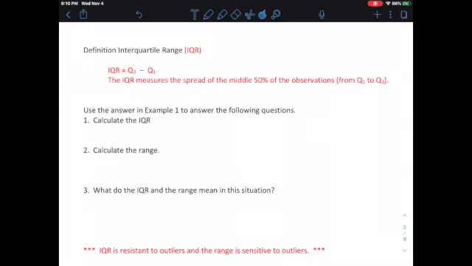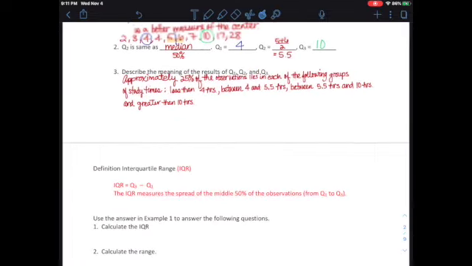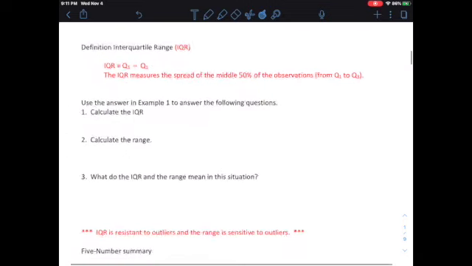And the interquartile range. Well, the interquartile range is between Q3 and Q1. So therefore, it is the numbers between 75% and 25%. You can understand what I'm talking about.